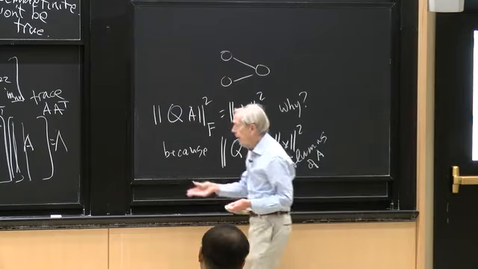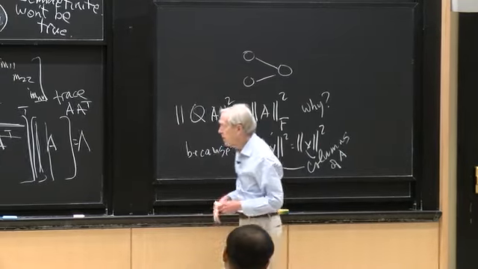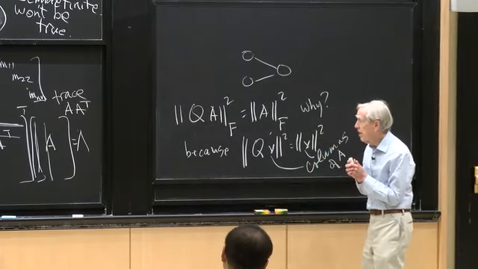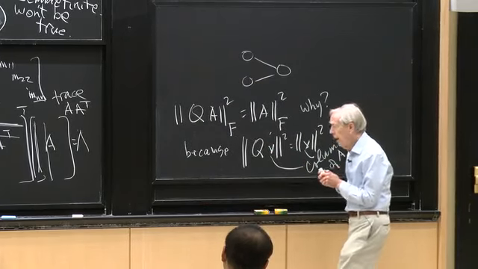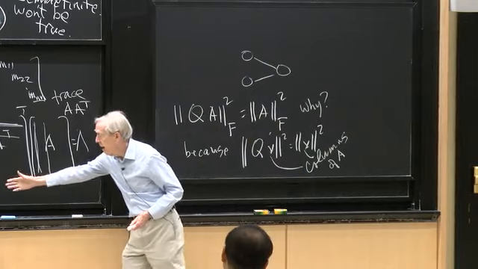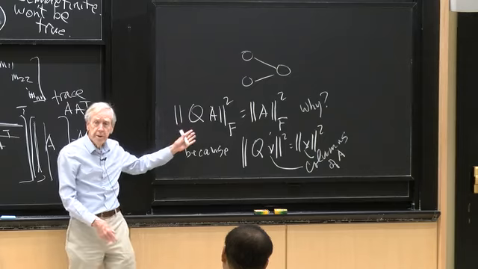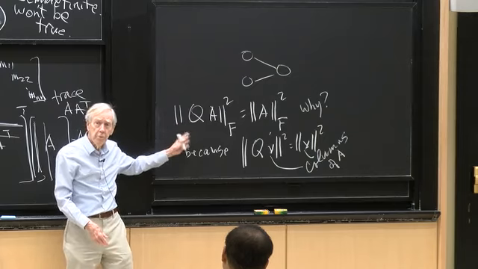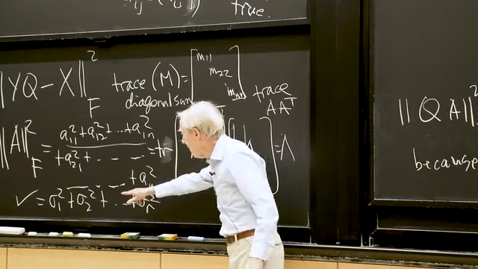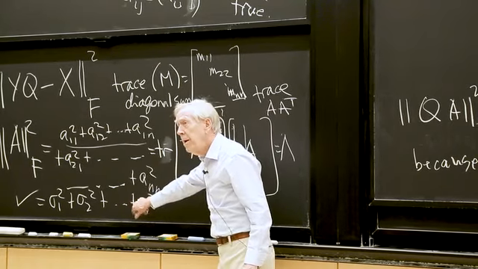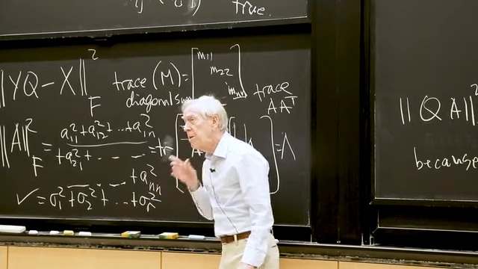And then when I add up all the columns squared, I get the Frobenius norm squared. And another way to say it, let's make the connection between this fact that Q didn't change the Frobenius norm and this fact that the Frobenius norm is expressed in terms of the sigmas.